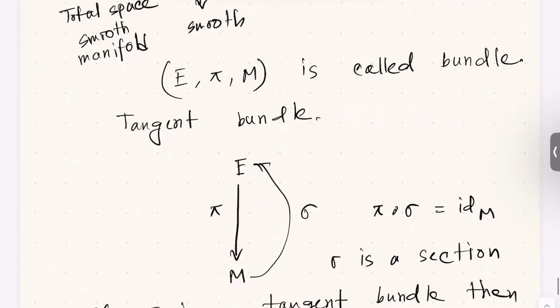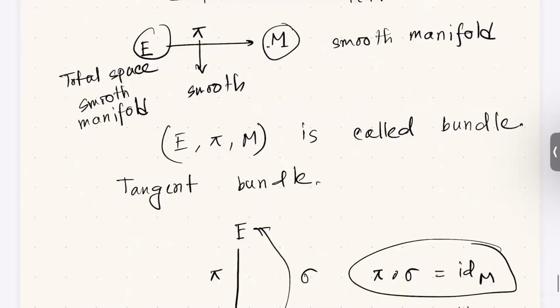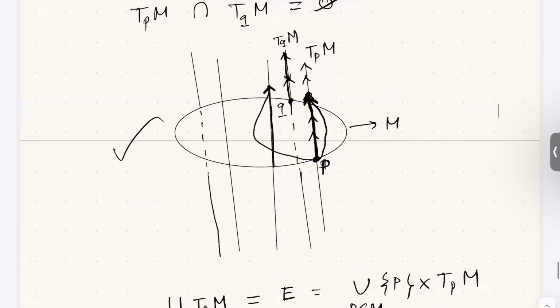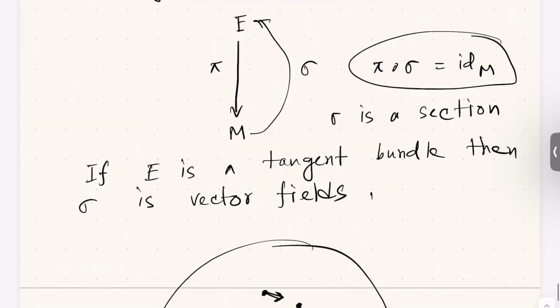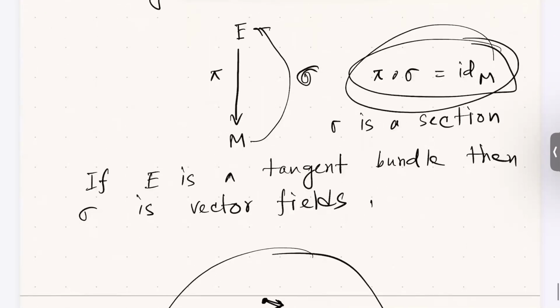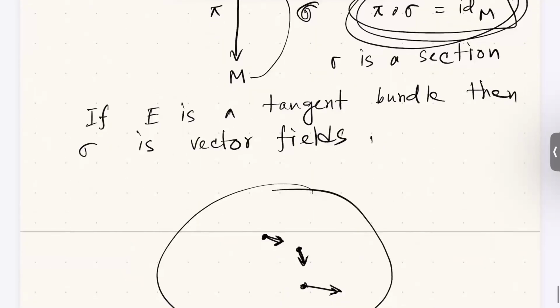And this condition ensures that sigma will never take you to some vector like this, because if sigma takes you there, then pi gives you this other point, which is not the identity map. Hence, if sigma satisfies this condition, then we say sigma is a section, which is a vector field.